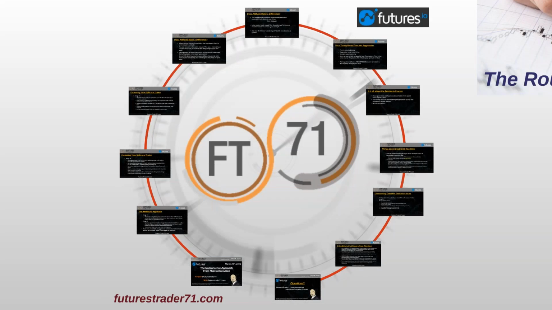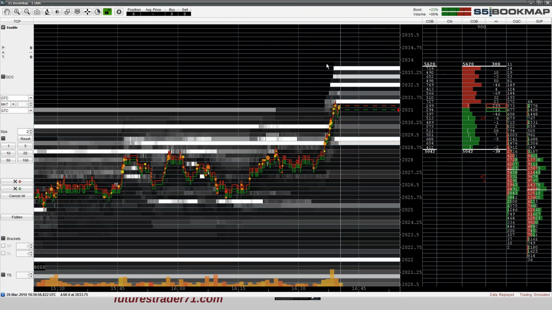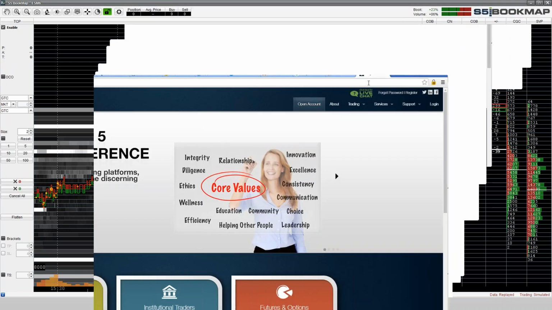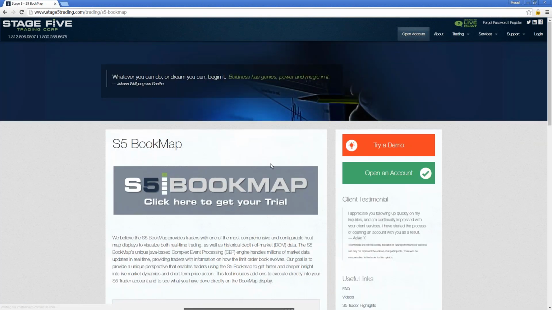Is Bookmap a program that can be purchased, or is it part of your FT71 site? Bookmap is a product that you can get. You can go to Stage 5 Trading, trading.com. The site is being rebuilt, but you can go to Trading, S5 Bookmap, and if you get it, you can buy it directly from Bookmap themselves.